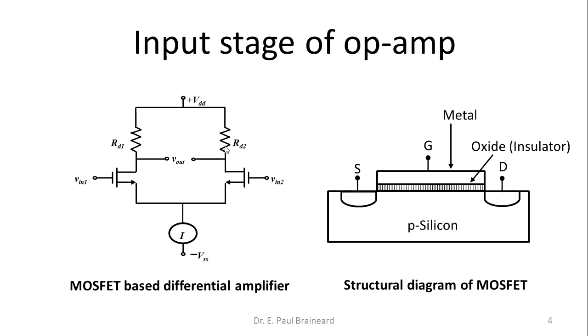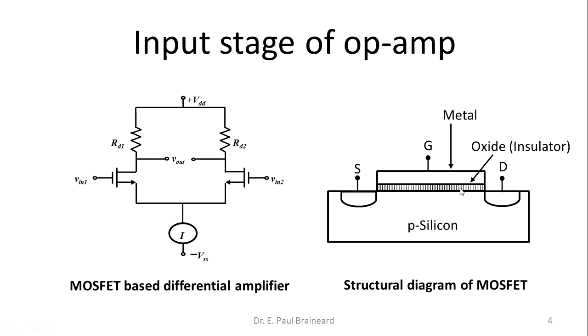This is how a MOSFET based differential amplifier looks like. At the input there is a MOSFET whose structural diagram is shown here. The reason for high input impedance is at the input of the MOSFET there is a metal oxide semiconductor configuration.